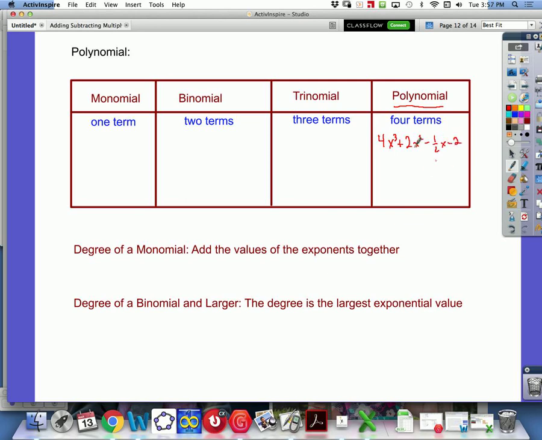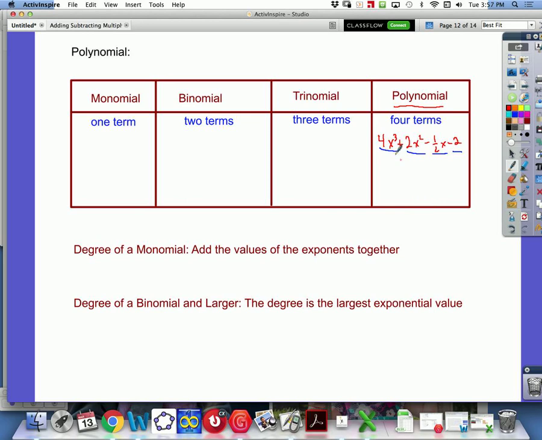So for example, this is a polynomial because it's made up of 4x cubed plus 2x squared minus 1/2 x minus 2. So if we look, there are 4 distinct terms, and none of them can be combined together because they all have different variables.